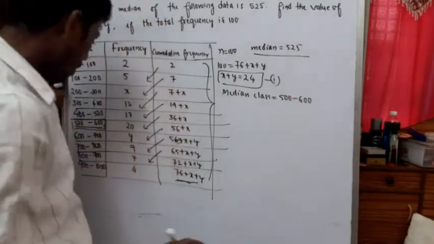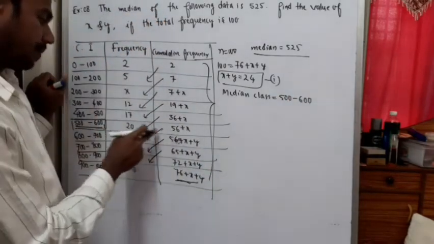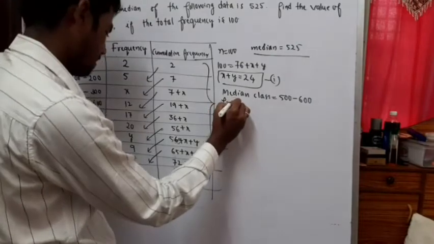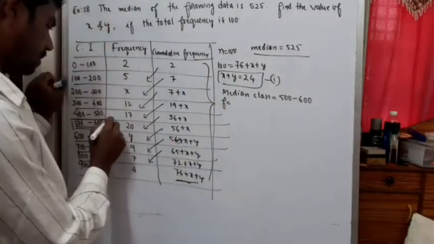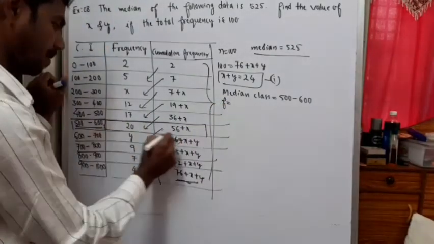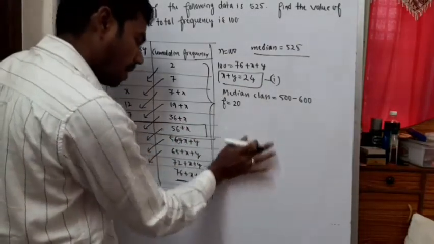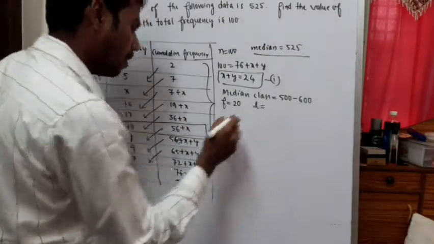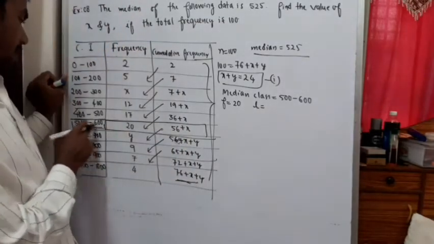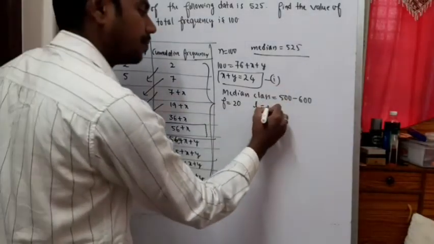Fine. Now, what is the f there? F is 20. Then what is L? L is equal to 500.